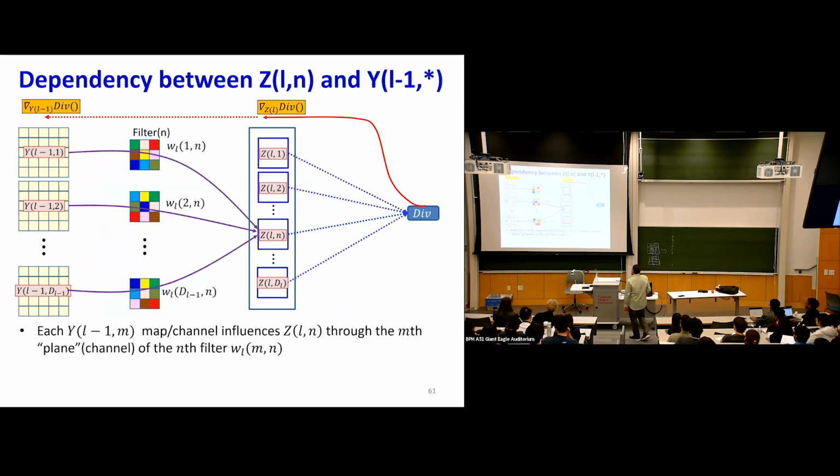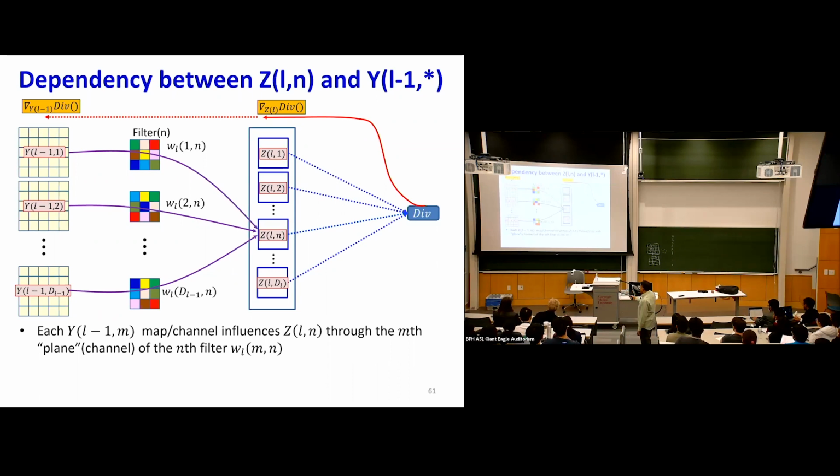So first, let's look at the dependencies. When I look at the dependencies, in order to compute this nth output affine map, which filter would I use? What would be the index? The nth filter. So I'm going to have the nth filter, and every channel, every plane of the filter is going to convolve with the corresponding channel of the previous layer.